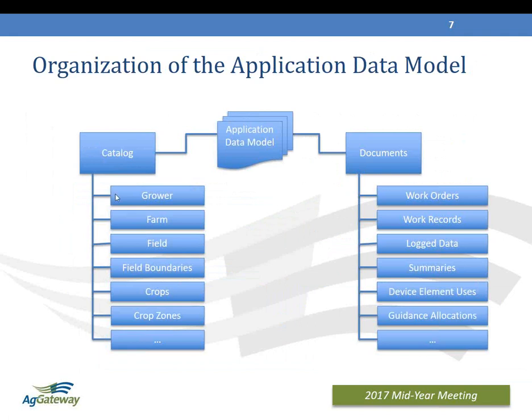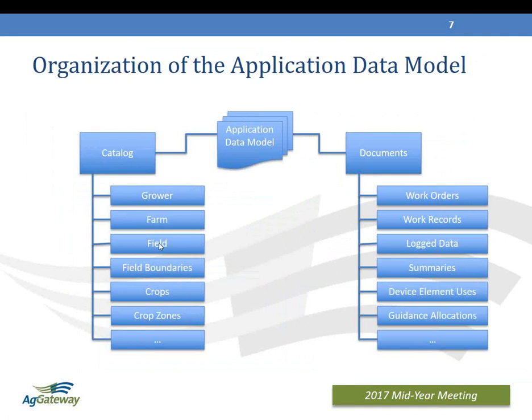The catalog identifies various pieces of information that change relatively infrequently, but are always used to identify certain pieces of information, whether that's a grower, a farm, a field, a product, a crop zone, etc. It's the parts of the data that exist within your operation, but really are there so that we can make sense of the information that we're gathering in a certain period of time.